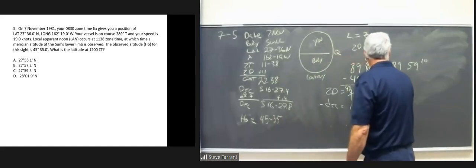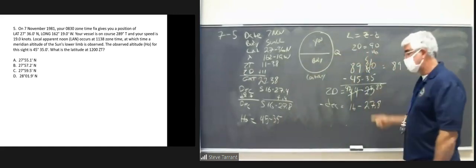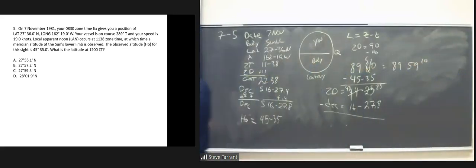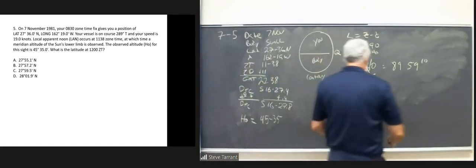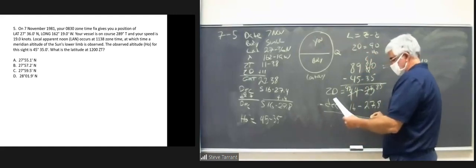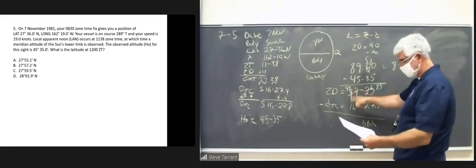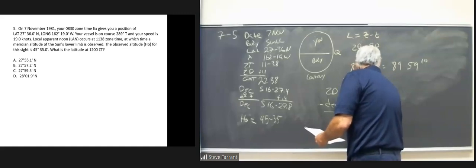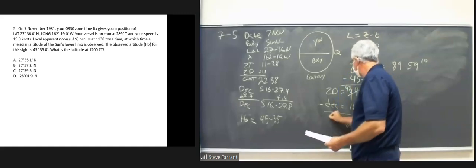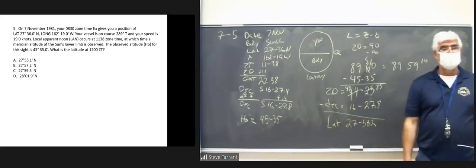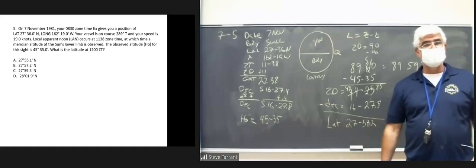So this becomes 85. So 27.8 from 85. Now you can use your calculator. What's that? Okay. Yeah, that is 57.2. And what's it over here? 27 57.2. That's our latitude, right? That wasn't too bad, was it?